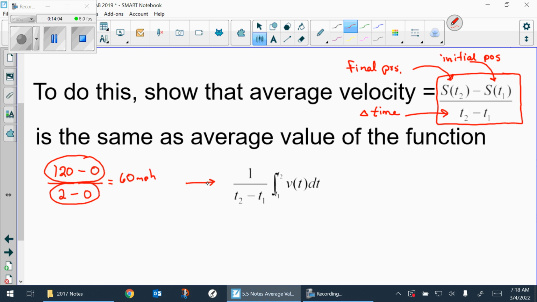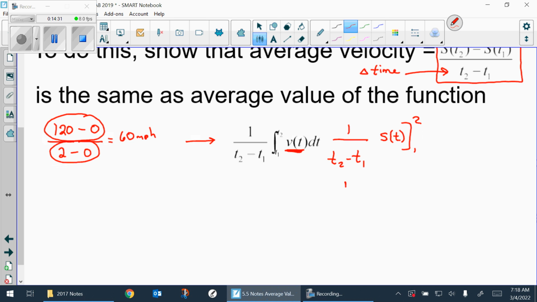So, let's see. What is the integral of velocity? I'm going to have 1 over t sub 2 minus t sub 1, and the integral of velocity is position evaluated between 1 and 2.